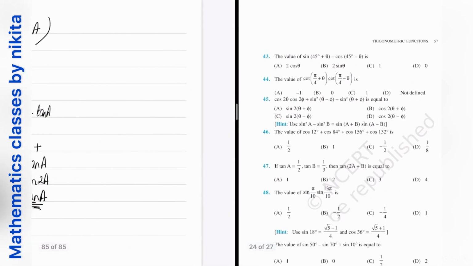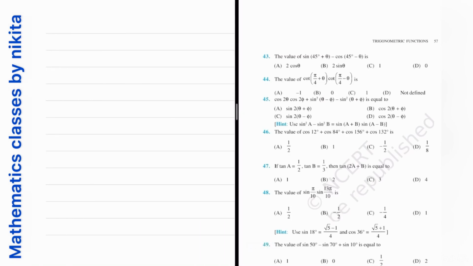Now question number 43. Question number 43 says that the value of sine of 45 degrees plus theta minus cos of 45 degrees minus theta is. Very easy, just apply the formula of sine of a plus b and cos of a minus b, simplify the expression, and you will get your answer. So first of all, what is sine of 45 degrees plus theta?